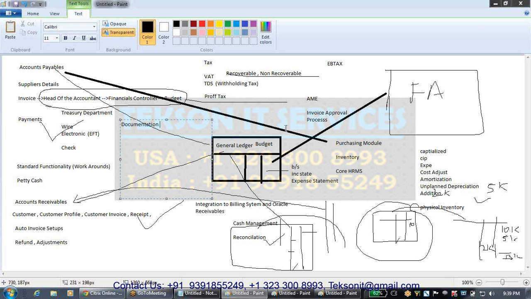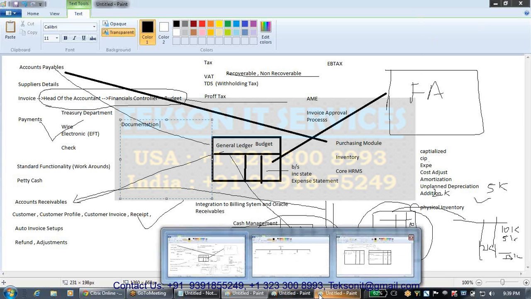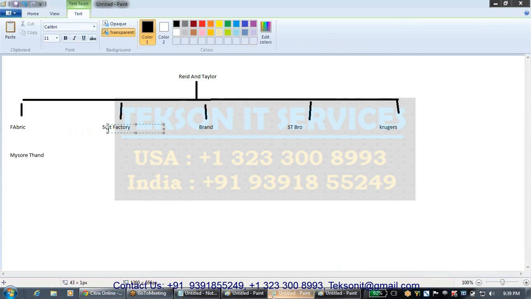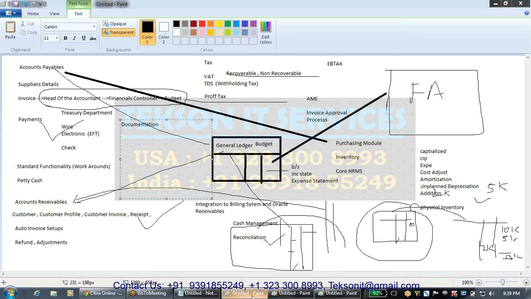Once you confirm, I will share my number. Chandra, if you have any queries, any confusions or doubts, you can ask me.